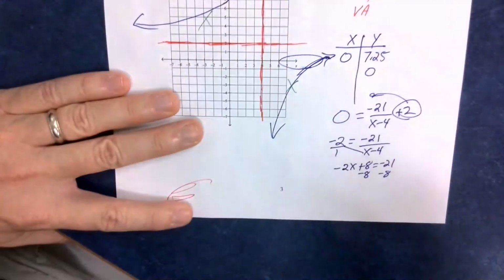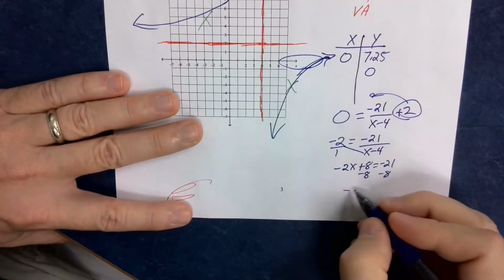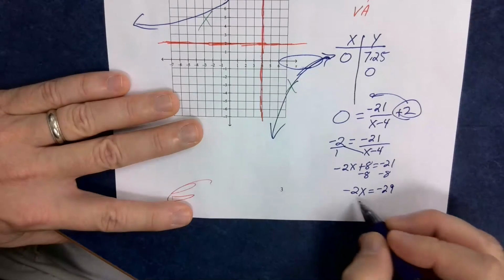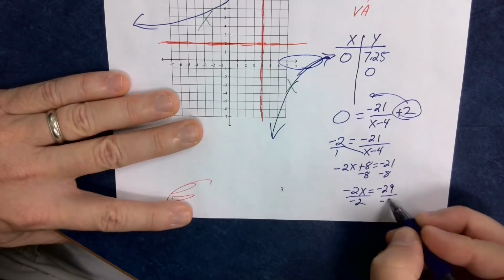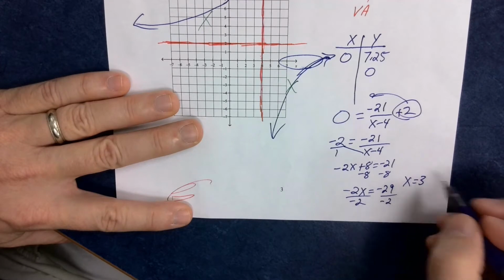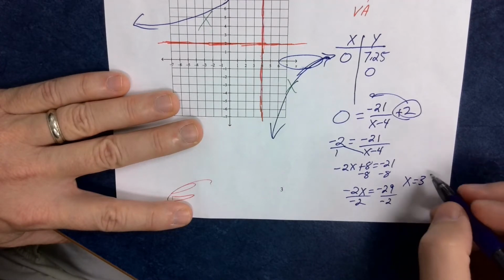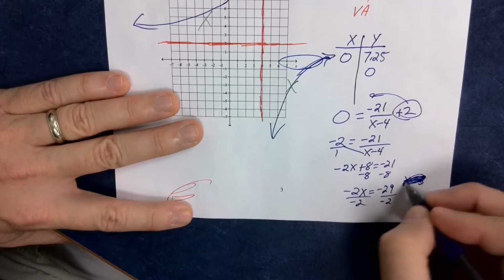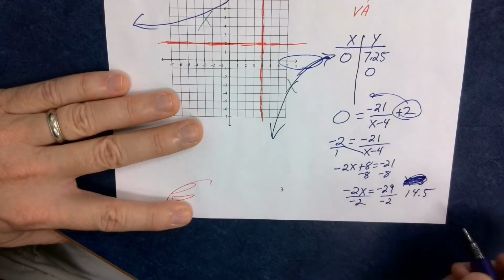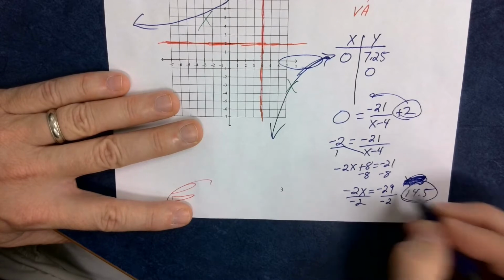Negative 2x equals negative 29. Divide by negative 2, divide by negative 2, and x equals, what, 14.5? Negative over negative, and there we go.